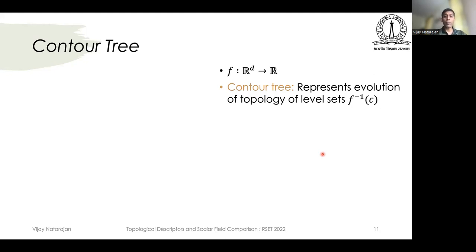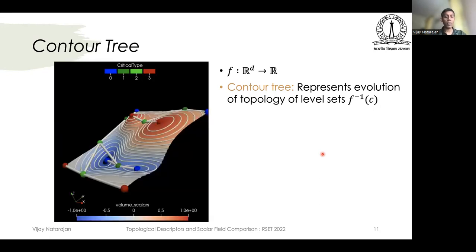So we focus on the study of scientific data, like I mentioned earlier, and this data is represented as a scalar valued function. Let's call it f. So f here is a d-dimensional function and takes real values. So here is a graph of this function.